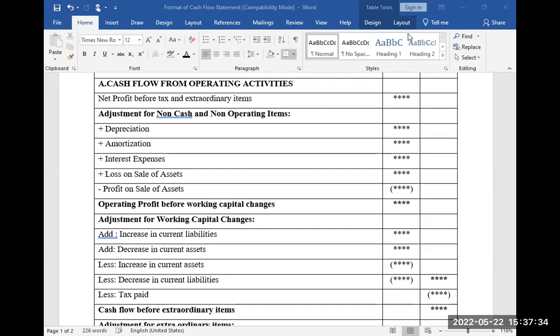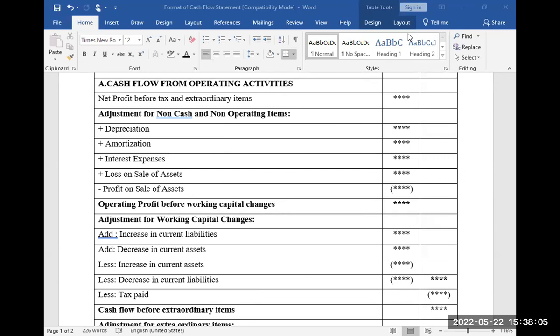Next, interest expense. In the P&L account, we take interest as an expense in the name of finance cost. You remember, in the format we take finance cost. All the expenses you minus from sales to find net profit, and interest paid is also minused, but interest is not an operating expense.